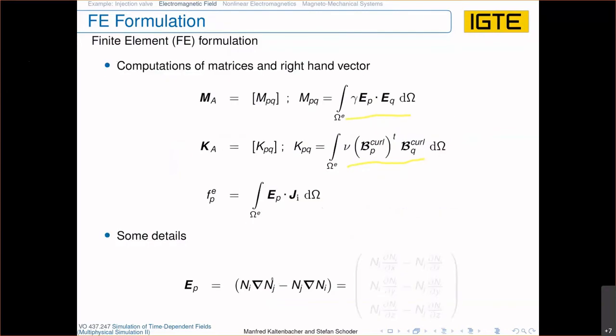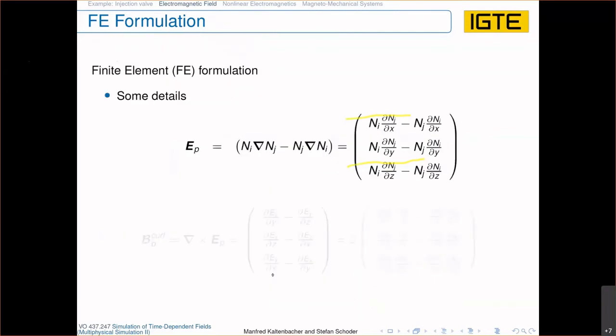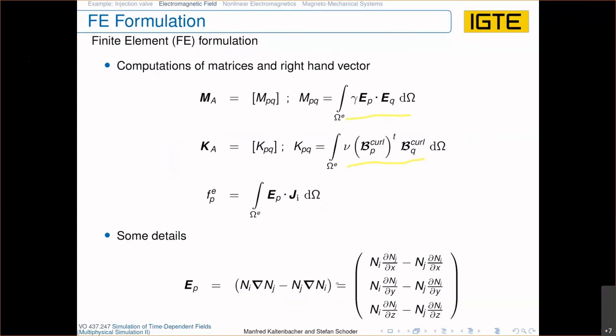The vector is shown here. We have Ni partial derivative of Nj with respect to x minus Nj partial derivative of Ni with respect to x, the x component of our vectorial basis function.